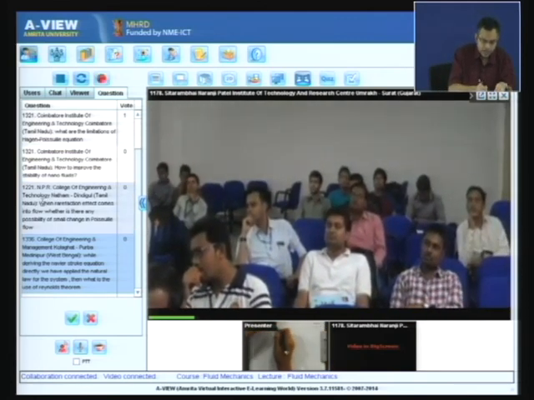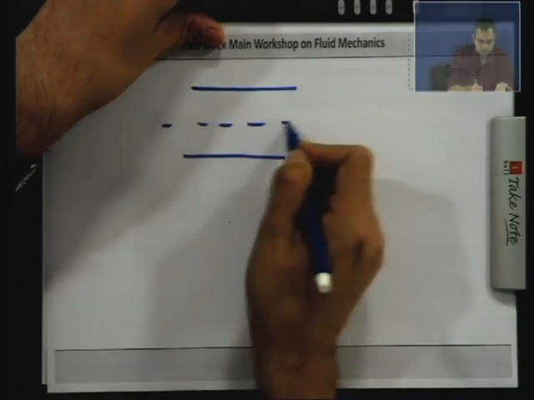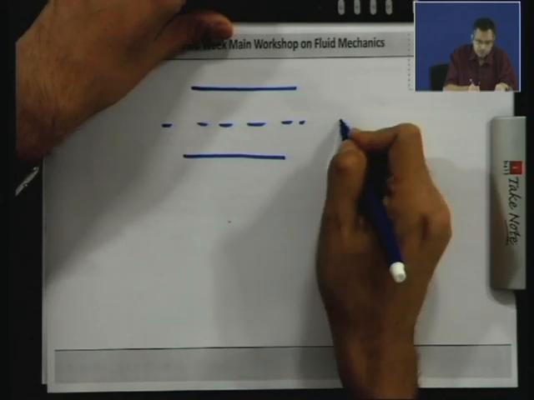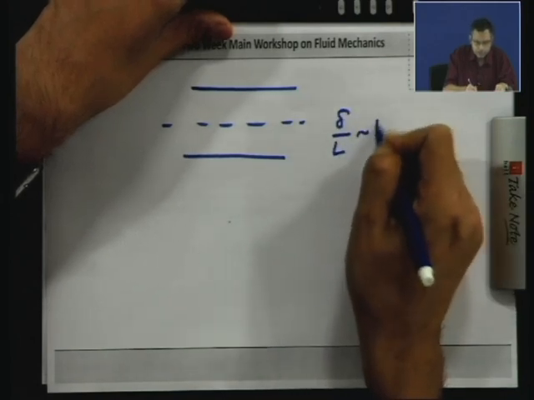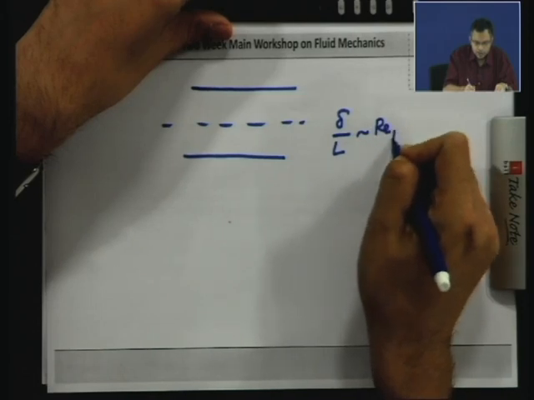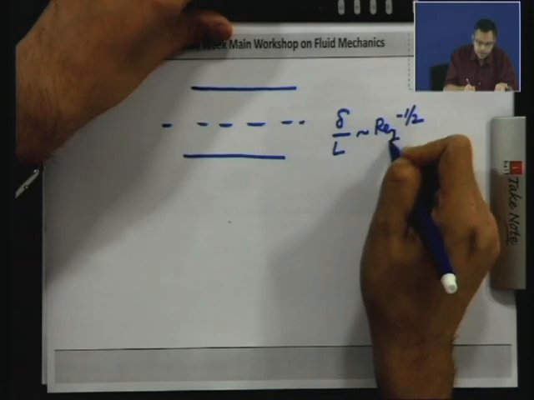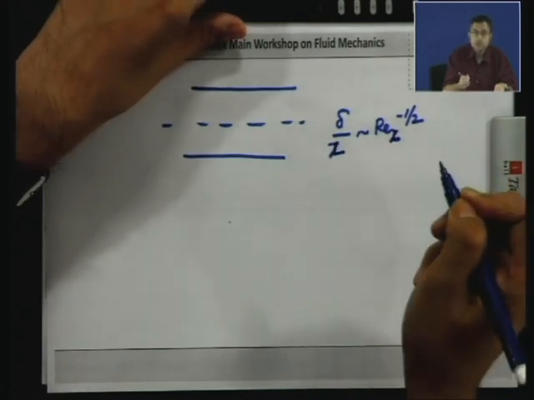Let us say there are two parallel plates like this, and you have the expression delta by L, or delta by x, is of the order of Reynolds number to the power minus half, typically.